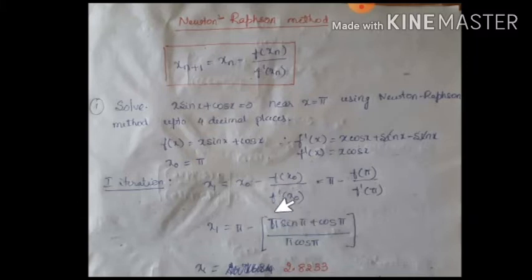So when we do that conversion, then substitute a function value in place of x: pi sin pi plus cos pi divided by pi into cos pi.